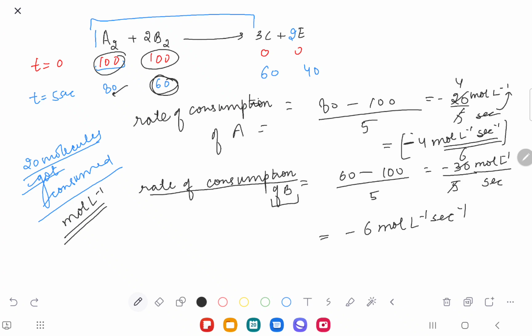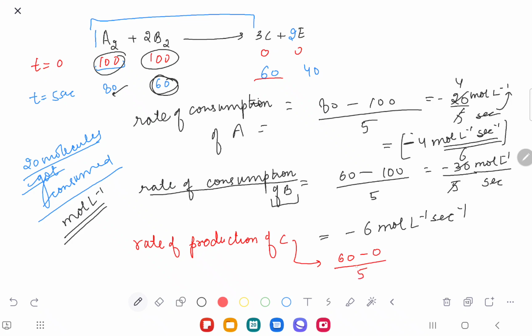Are you understanding? Similarly, if you want to calculate the rate of production of C, what would that be? That would be the final concentration of C, which is 60, minus initial, which was 0, over time.